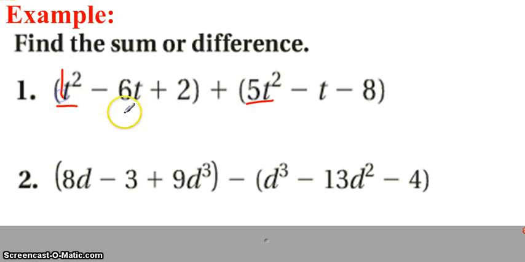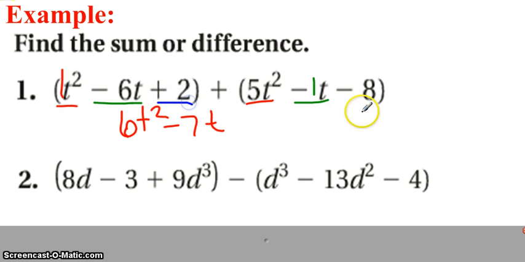Remember there's a 1 here, so you have 6t squared. Then you're going to combine negative 6t and negative 1t, which is negative 7t, and the plus 2 and the minus 8, which is negative 6.